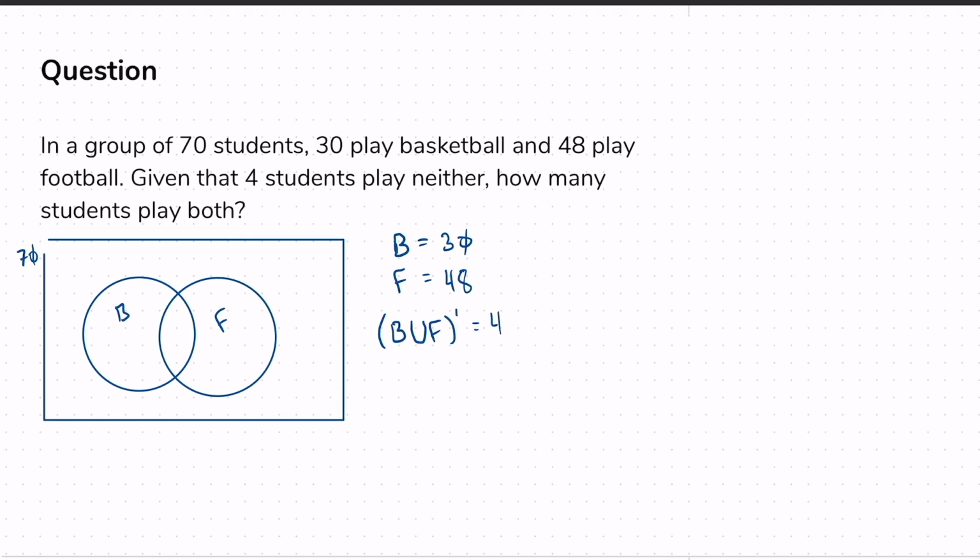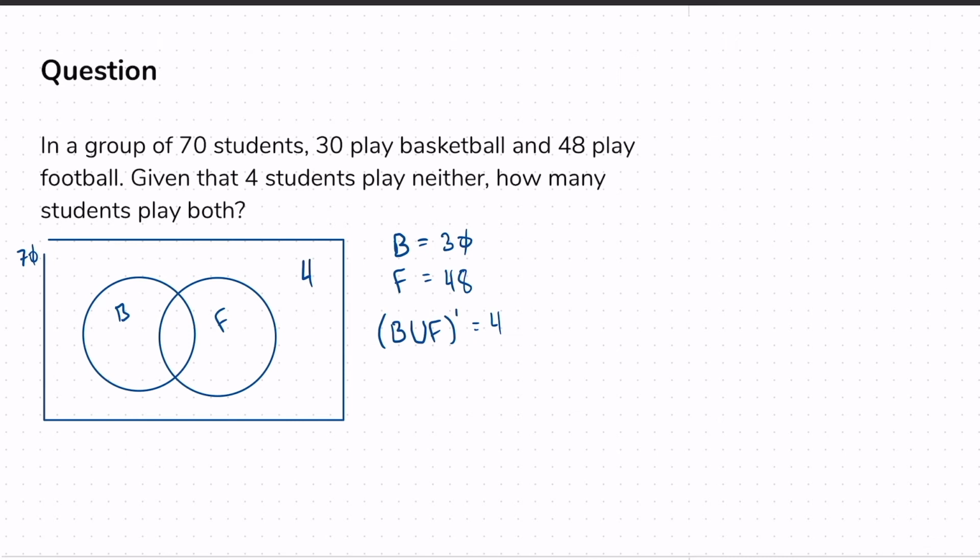So the first thing I can do is determine how many people play basketball or football. Given that 4 students play neither, we know there's going to be an overlap, well, we assume there is, and let's figure out if that's true.